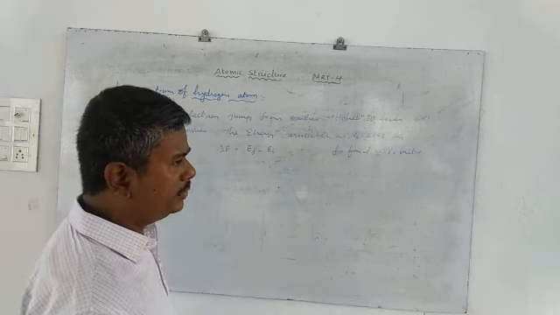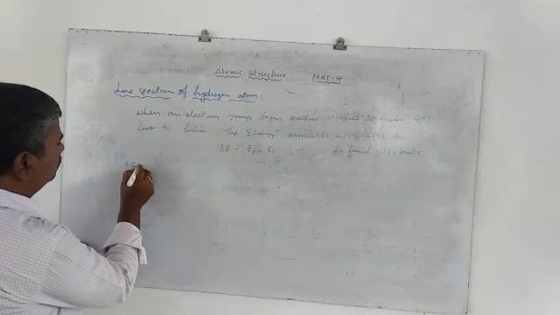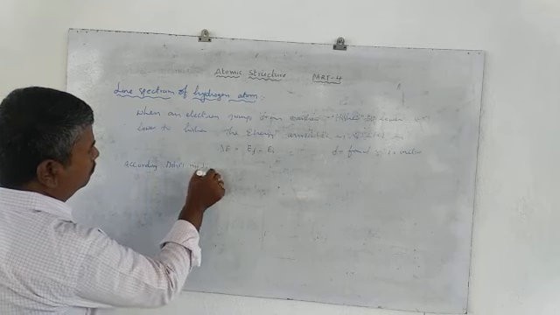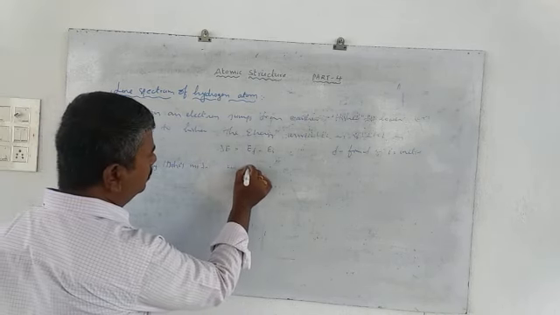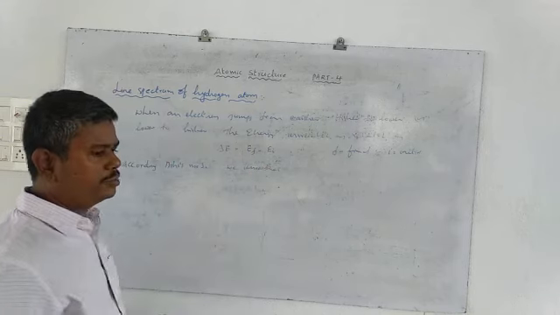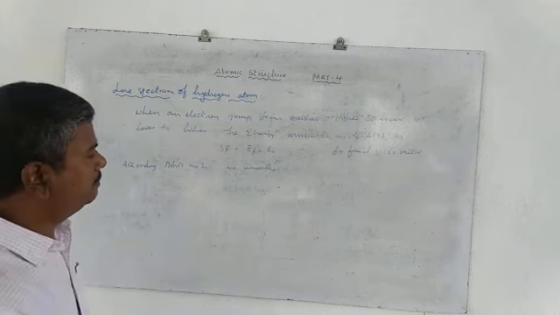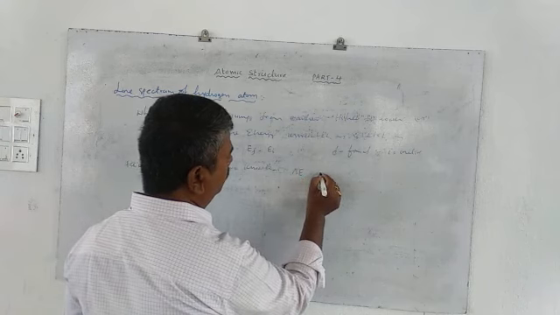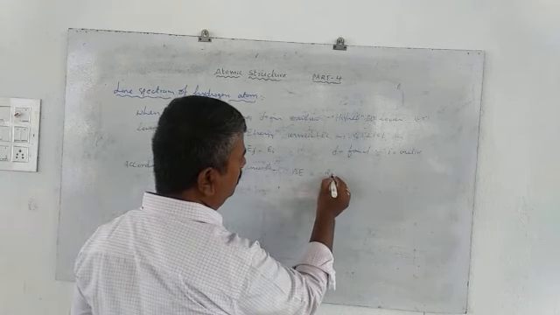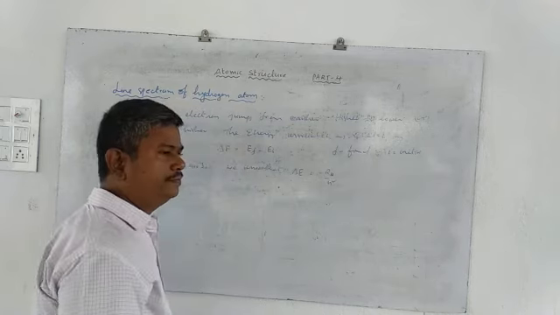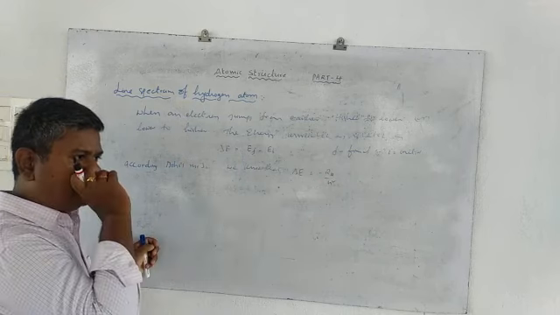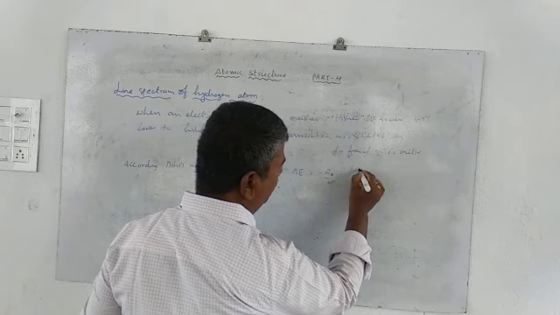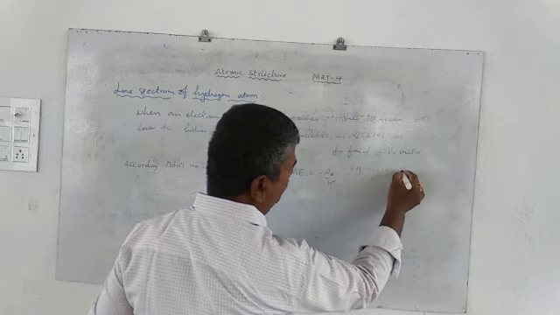According to Bohr's model, we know that En equal to minus RH by n square, where RH is called the Rydberg constant.